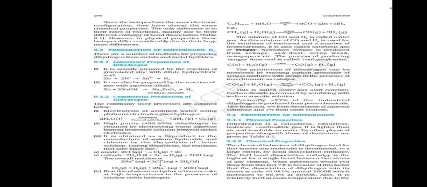Also, it is relatively inert at room temperature due to the high H-H bond enthalpy. Thus, atomic hydrogen is produced at high temperature in an electric arc or under ultraviolet radiation.